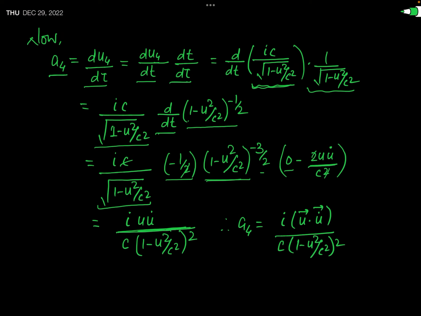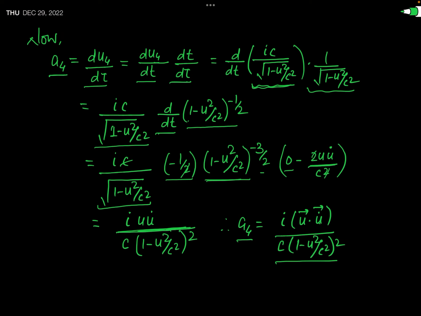Okay, so this A4, you have seen that this u times u dot is equal to vector u dot vector a. So this expression is written as A4 equal to i times vector u dot vector a divided by c into (1 minus u square by c square) whole square.